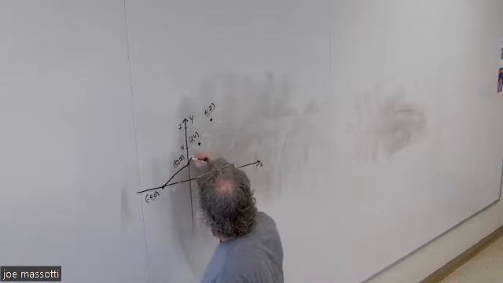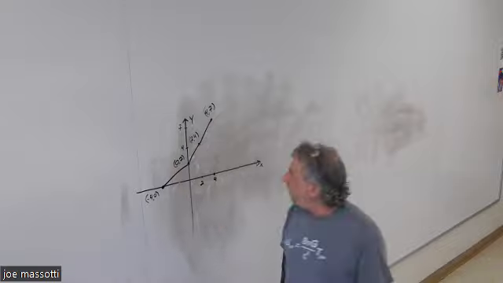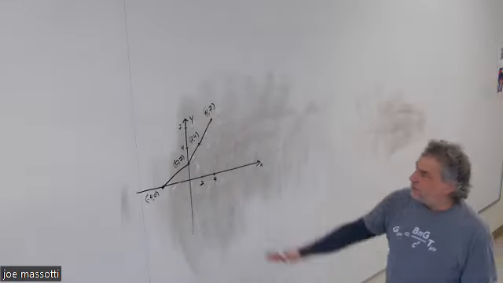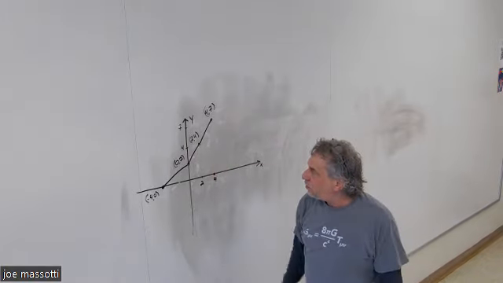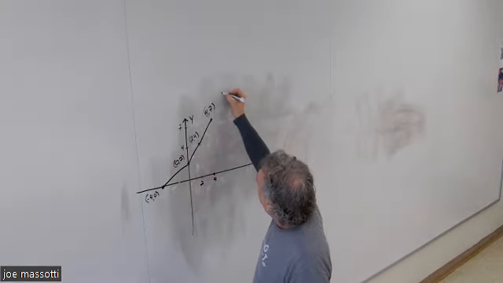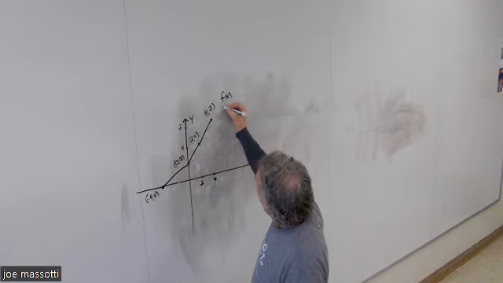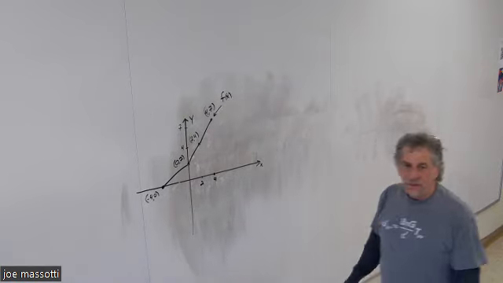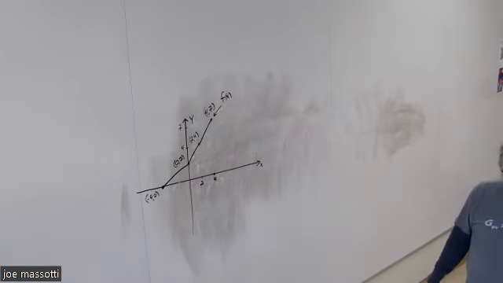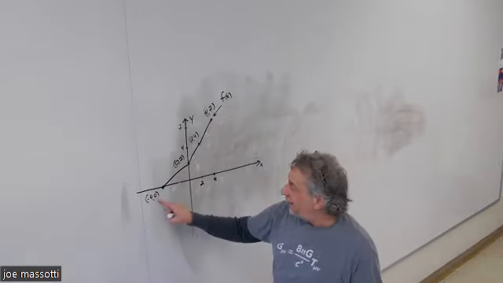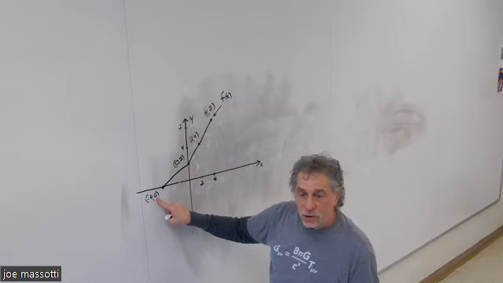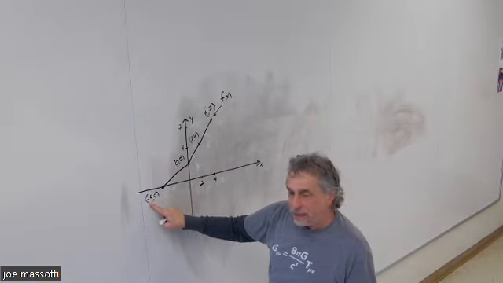If I connect these dots, I'm going to see that it passes the vertical line test. When we talked about the vertical line test, this passes it. We're going to call this function f of x. That's our function f of x. Now, like we just talked about, the inverse function takes the output from the original function and gives you back the input.